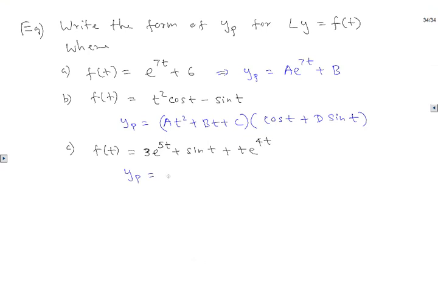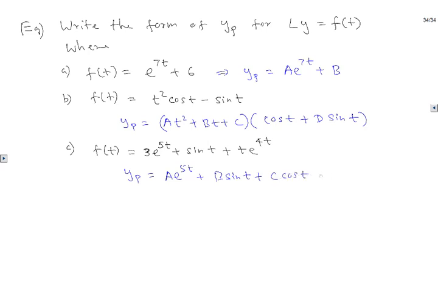The first one is going to take care of e^(5t). The sine one we can take care of by writing sine and cosine: b sine t plus c cosine t.